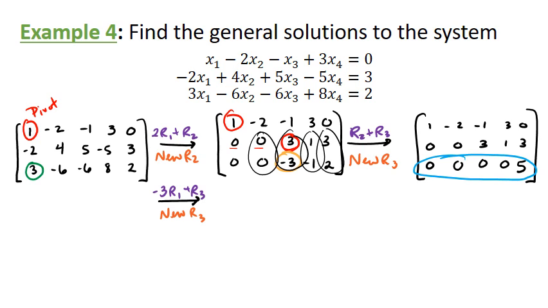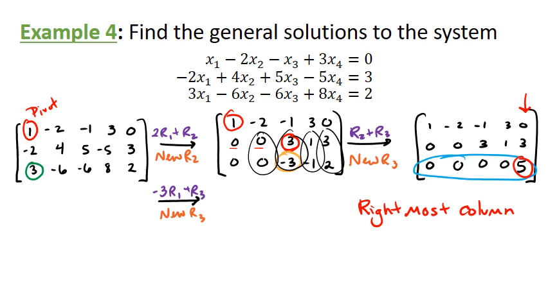Remember, we talked about this, right? This basically means that 0 equals 5, and we know that 0 cannot equal 5. Another way you can think of this is that the rightmost column has a pivot in it.